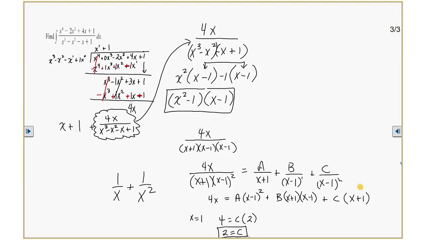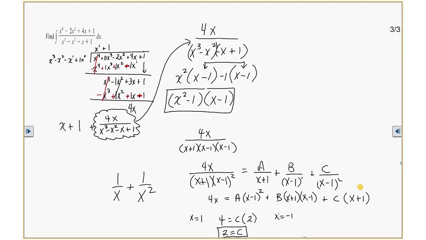All right, you do negative 1. Negative 1 will take out the c term and take out the b term, and that'll leave you with what? 4 times negative 1, x is equal to negative 1.